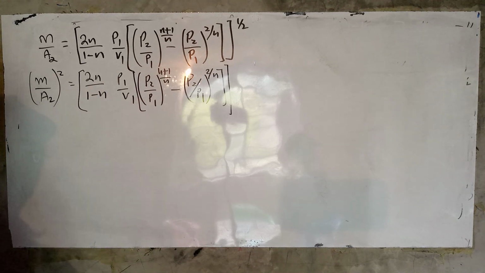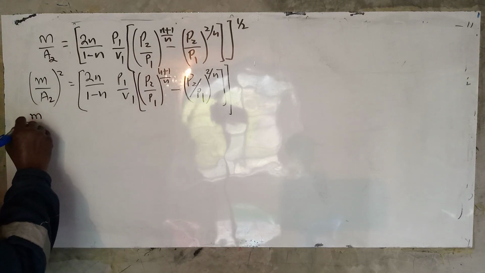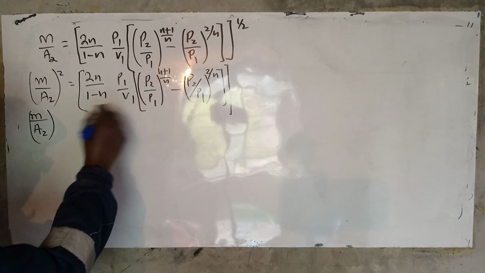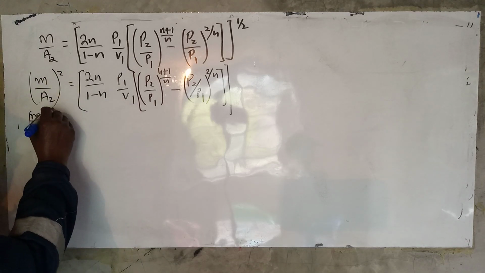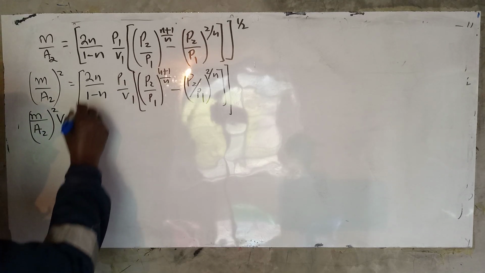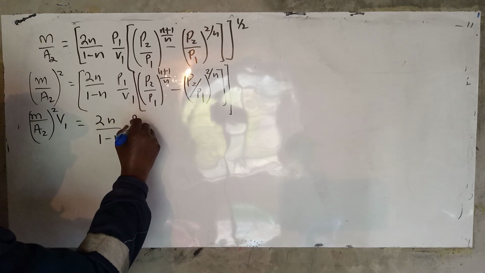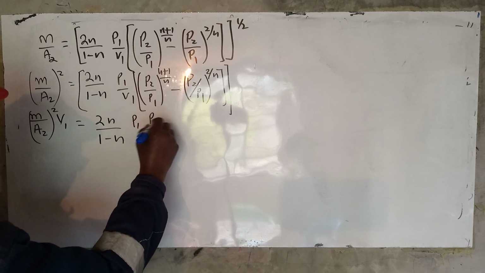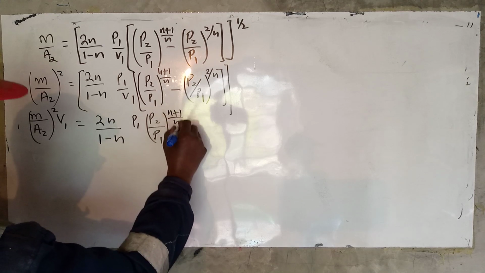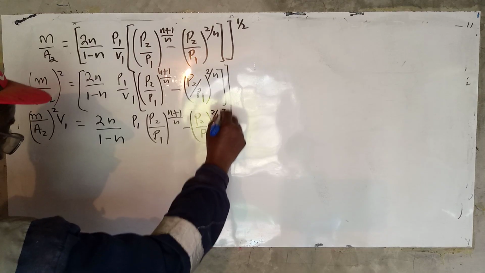So we can remove the V1 from that particular expression to make our life easy. So we can take it to this particular side. So we have our V1 as being equal to 2n into (1 minus n), P1, [(P2/P1)^((n+1)/n) minus (P2/P1)^(2/n)].